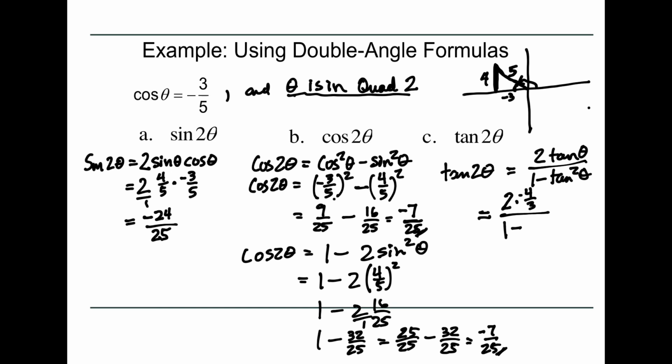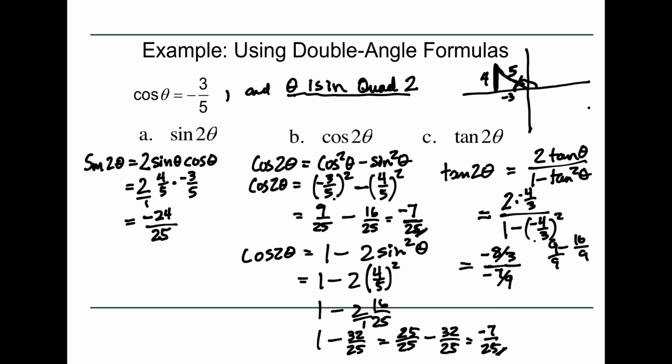And then 1 minus negative 4/3 squared on the bottom. On the top, that leaves me with negative 8/3. That's supposed to be a 3. And on the bottom, that's 1 minus 16/9, which is 9/9 minus 16/9, giving me negative 7 over 9.